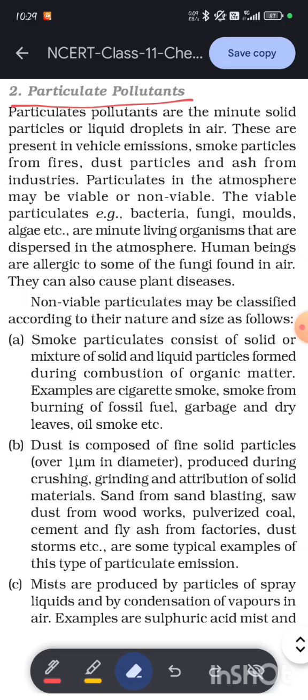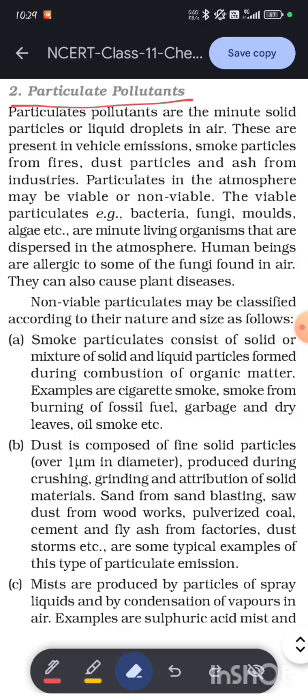Sand from sandblasting, sawdust from woodworks, cement and fly ash from factories, dust storms, etc. are some typical examples of this type of particulate emission.